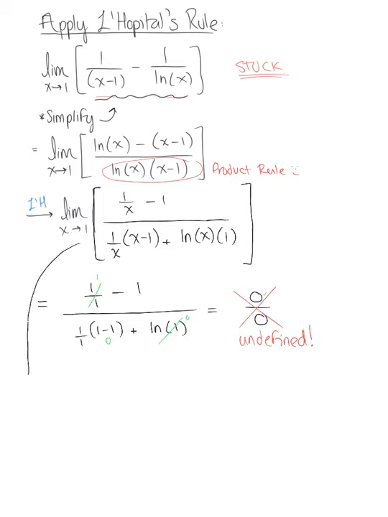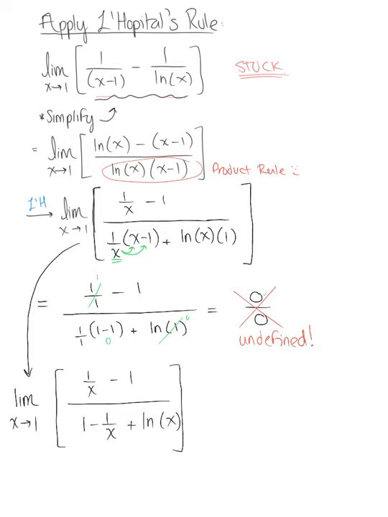So I'm going to come back here, and I'm going to simplify this limit first to make it look a little bit nicer. So I have the limit as x approaches 1 of 1 over x minus 1, and this is divided by, if we distribute this 1 over x through to both terms, 1 over x times x is 1, minus 1 over x, plus the natural log of x.